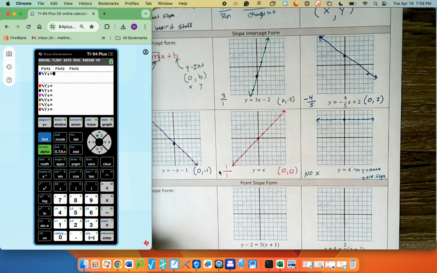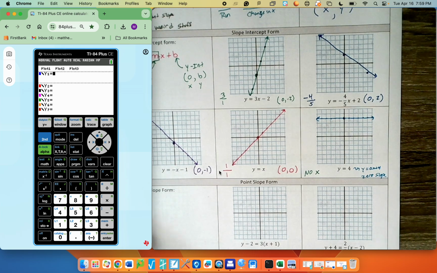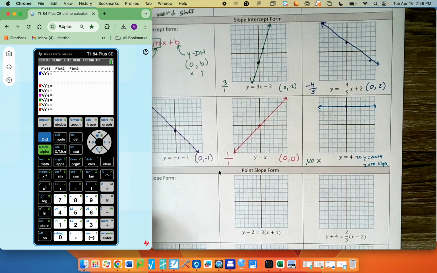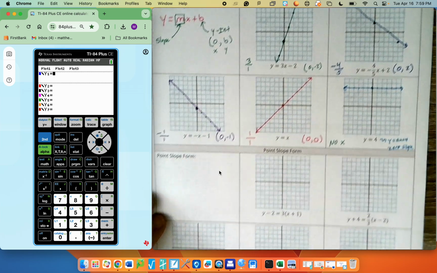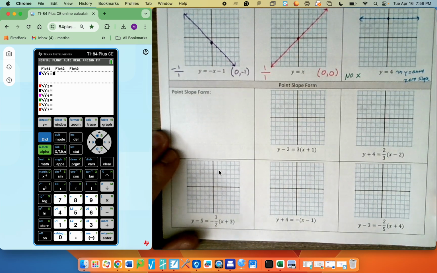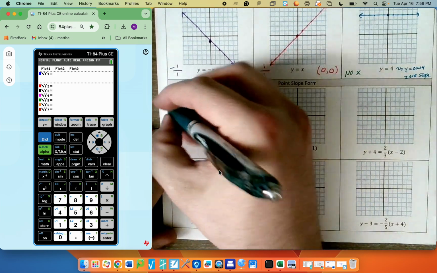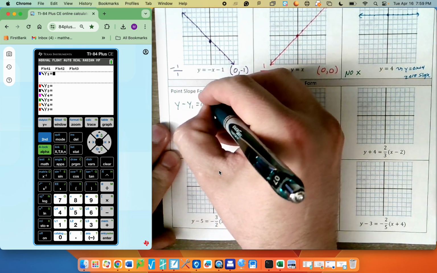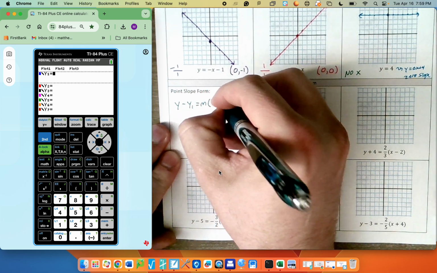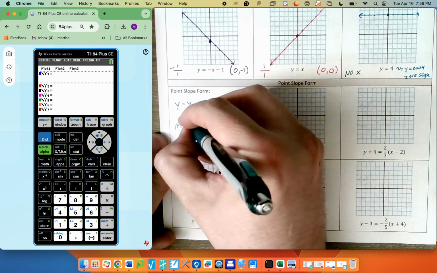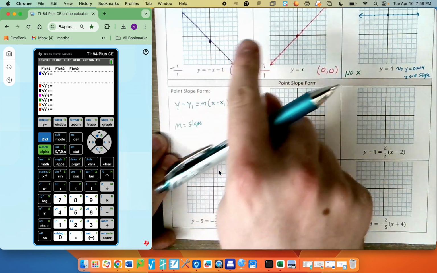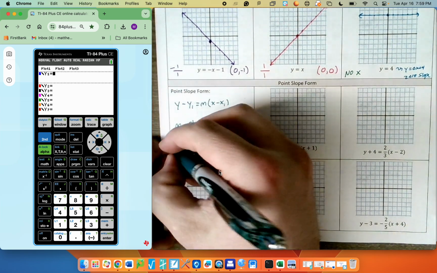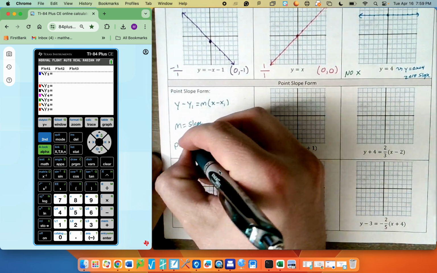All right, now we jump down to the seldom seen, but still important to know, point slope form. So point slope form gets its name because it tells you that you have a slope, m, just like the slope up above, and it tells you a point.